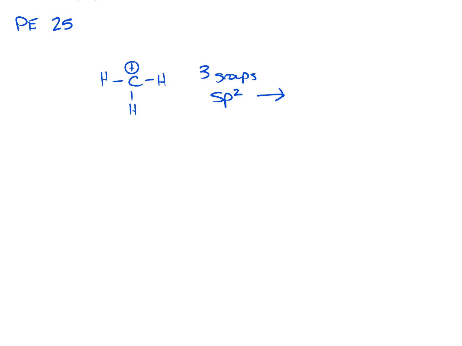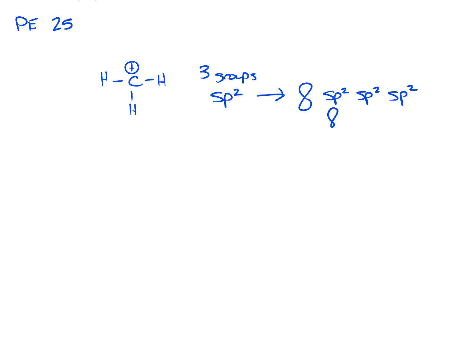Okay, and you want to know, as soon as you see sp2, what 4 orbitals you have. You have 1 p that is held back from hybridization, and 3 sp2 orbitals. They all look kind of like this.